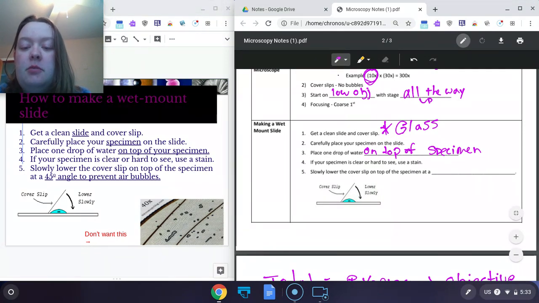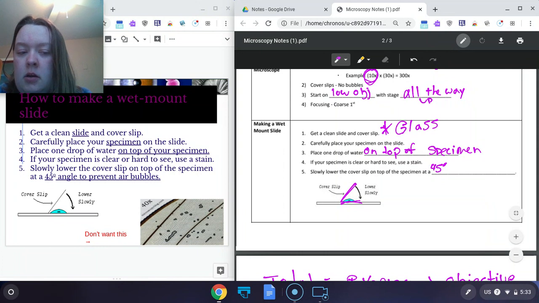After you have your specimen with the drop of water on top of it, you're going to take your cover slip and hold it at a 45-degree angle over the specimen. So it'll look like this.